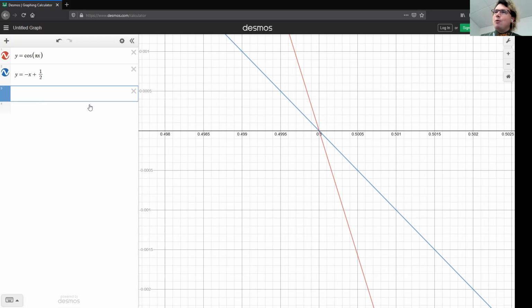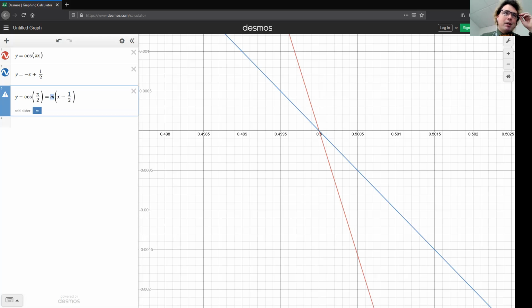So I know that the equation for the tangent line here is going to be y minus cosine of pi on 2, and this will be equal to the slope, which I'll call m for right now, times x minus 1/2.